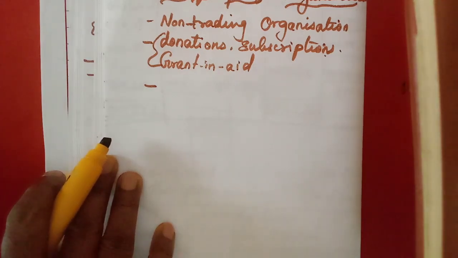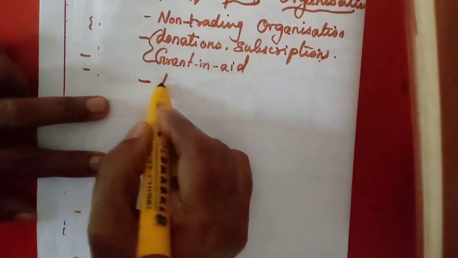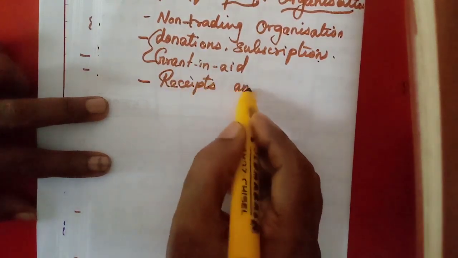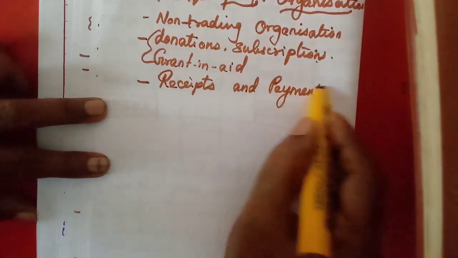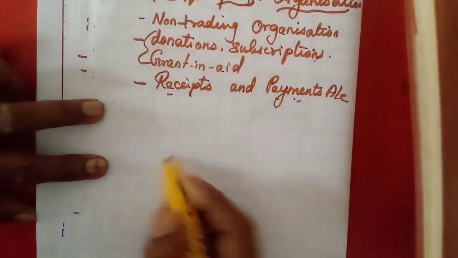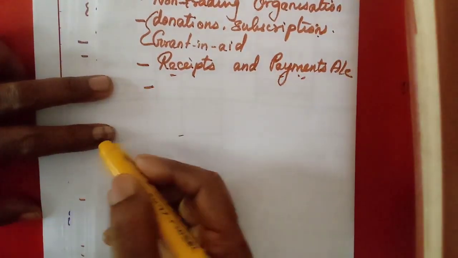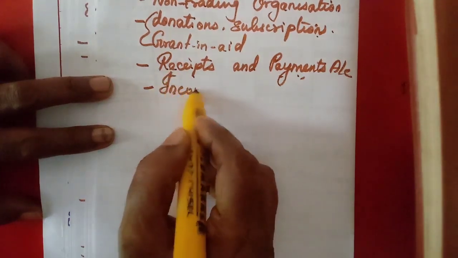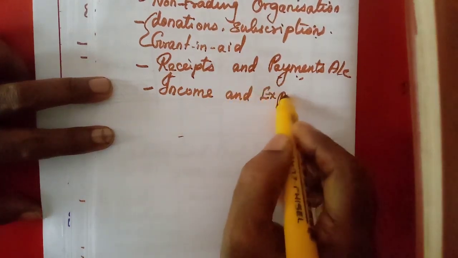Instead of the trading and profit and loss account, here they have to maintain the receipts and payments account. What they receive is on the debit side, and what they pay, all the expenses, on the credit side. First, receipts and payments account, then income and expenditure account. This is like the profit and loss account.